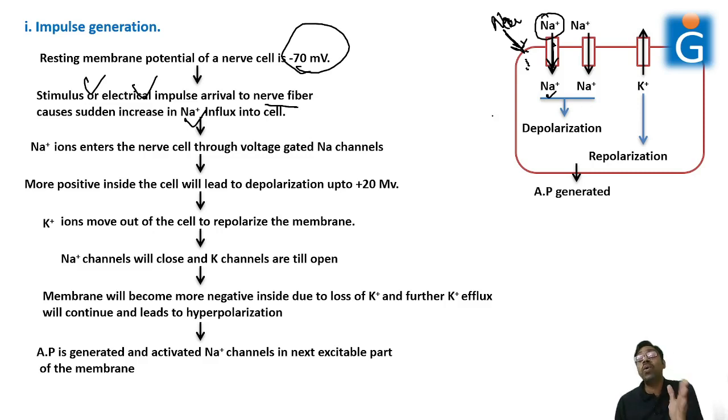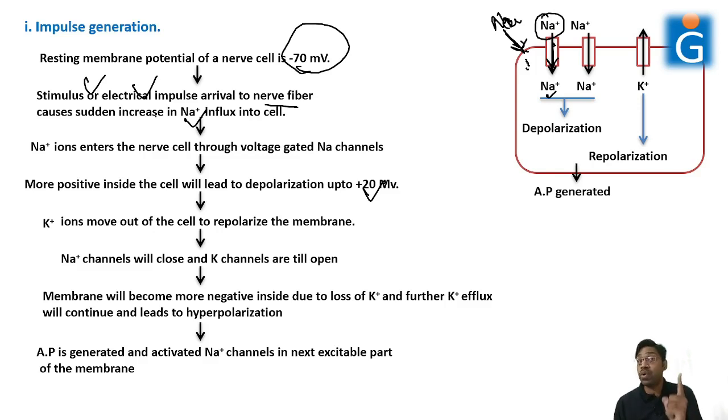When the sodium, which is a positively charged ion, a cation, comes from outside of the nerve cell to the inside, it is going to increase the positive polarity inside the cytosol of the neuron, that is the neuroplasm. Ultimately it causes a slight increase in the positive polarity up to plus 20 millivolts. Then what will happen?